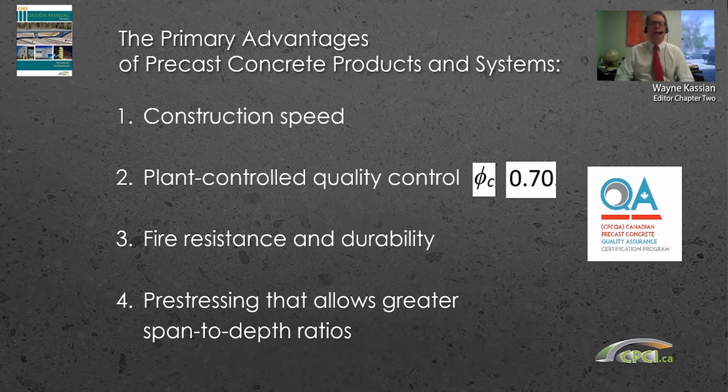Also, good quality control with workers working in a plant environment, and in fact, that's recognized in the Canadian Concrete Design Code, CSA A23.3, where precast that's produced in a certified facility is given a Phi-C factor of 0.7 compared to cast in place. So it is recognized in the design code that precast concrete coming from a certified plant does have enhanced quality control.